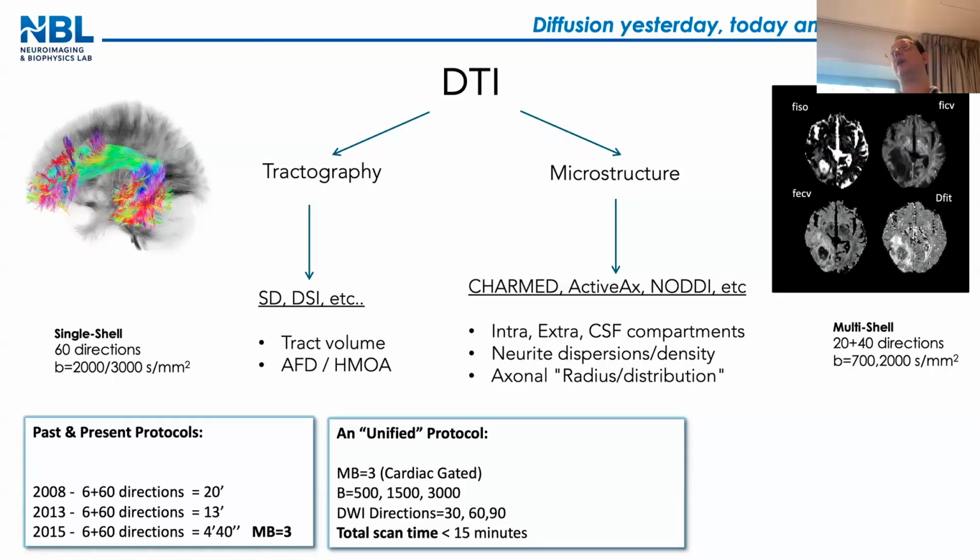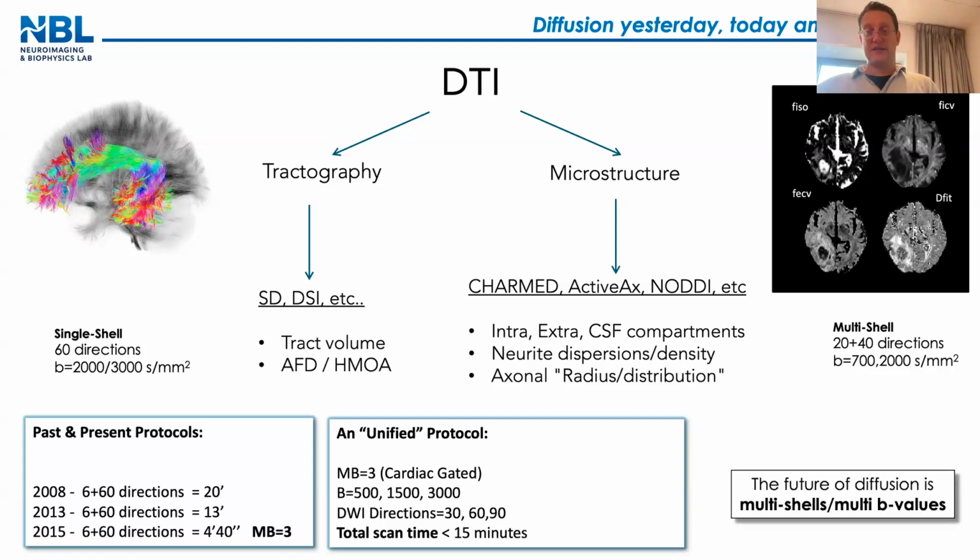This is something you can do now in research; before, we were doing 50 minutes for 60 directions. So now we are starting to converge back, developing methods that can do tractography and microstructure at the same time. For the last few minutes of this lecture, we're going to talk about multishell and advanced microstructure modeling, okay?